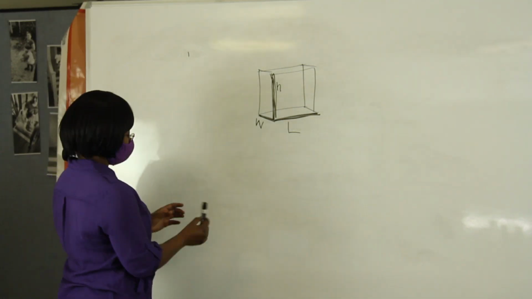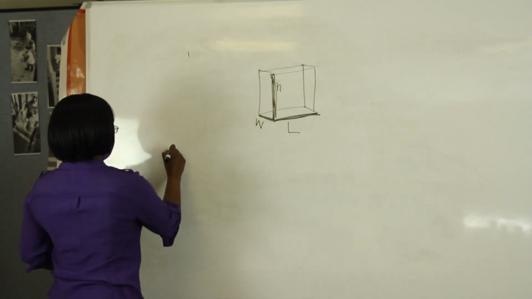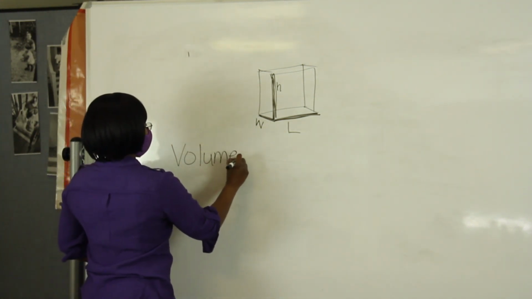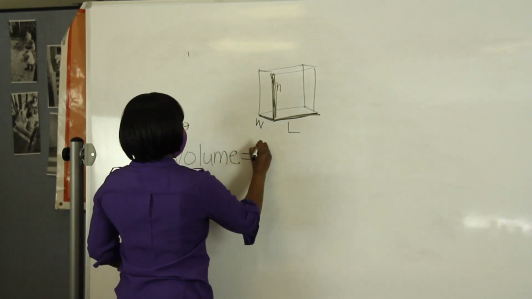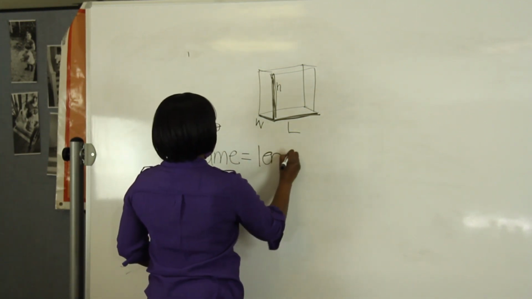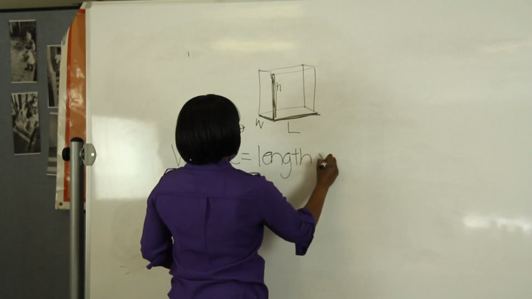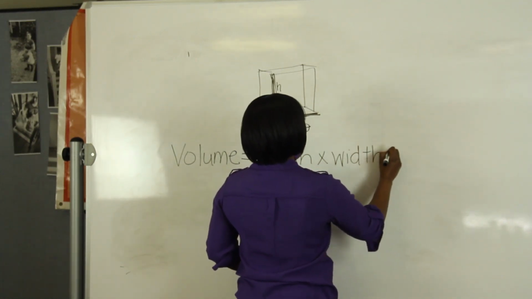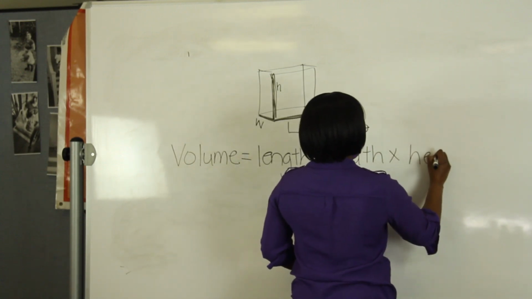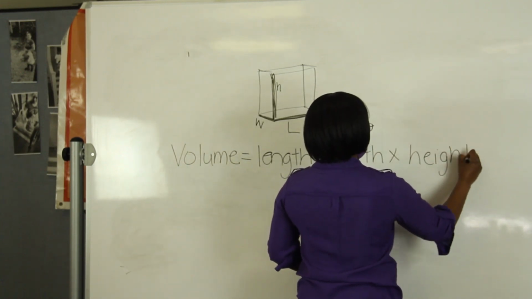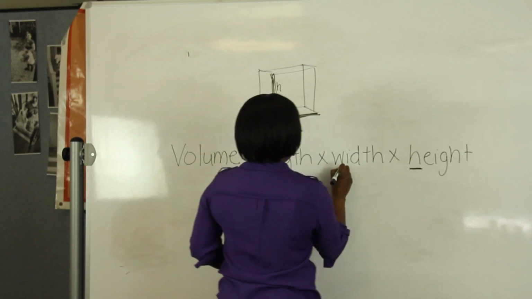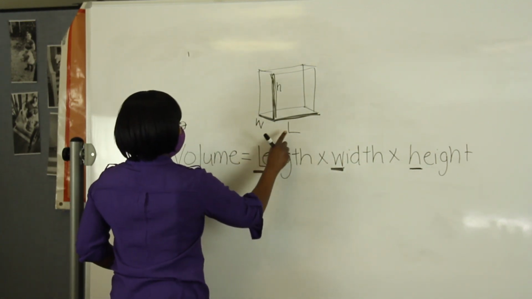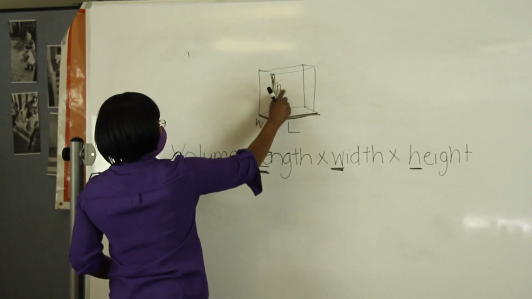So how you measure volume is length times width times height. Just like here, let me put that big L. That's length times width times height.